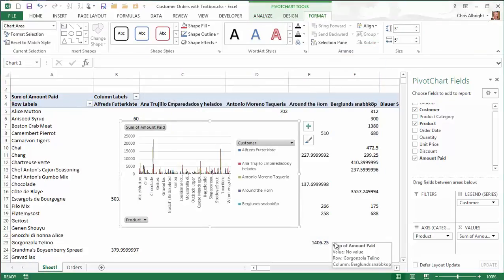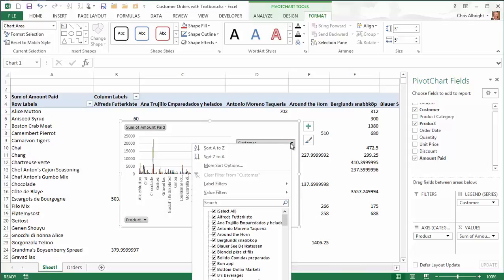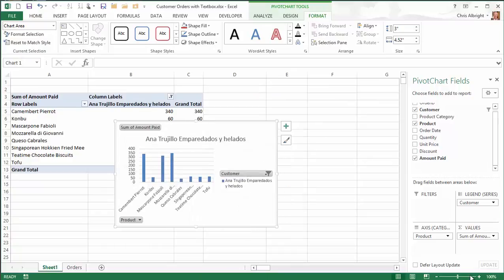There's a lot going on in that chart, but I will narrow it down to a single customer. Any customer. Each bar shows the total amount spent by that customer in that product category.